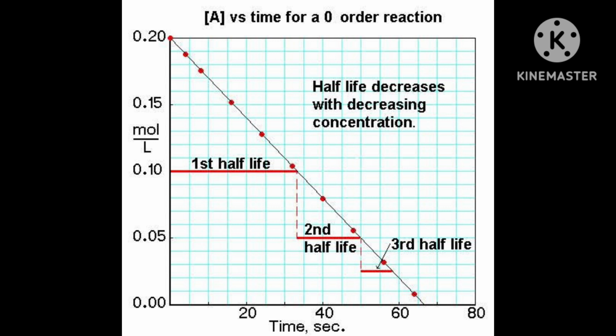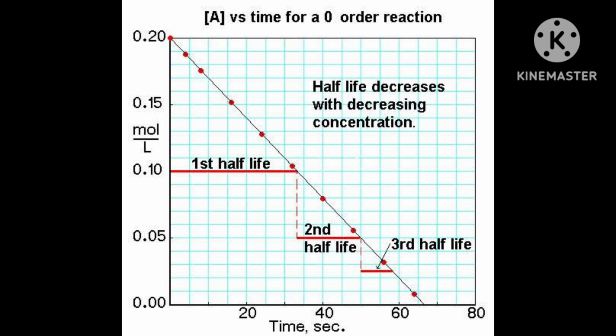If you remember the formula or expression, then you can very easily derive T half. How? See, in the expression for K, as an example, I will first discuss zero order.